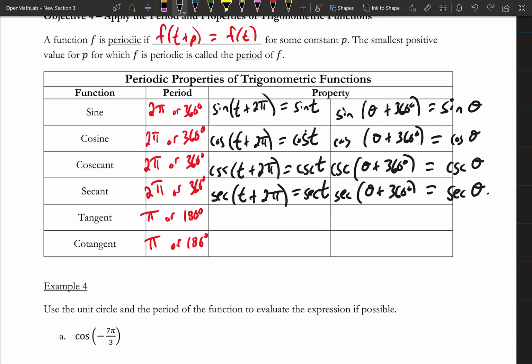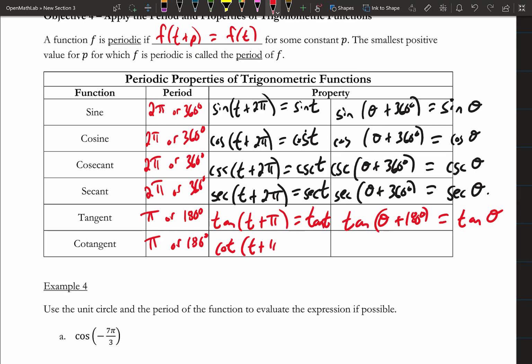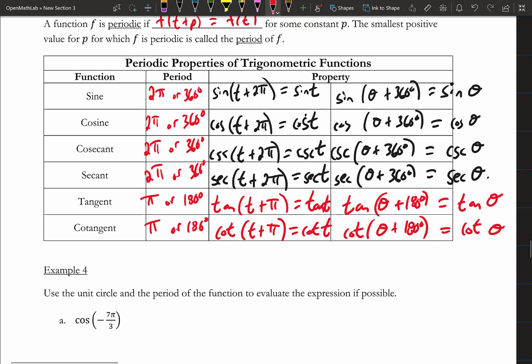Switching it up for tangent, the difference is tangent of t plus pi equals tangent of t, and tangent of theta plus 180 degrees is equal to tangent of theta. Then cotangent of t plus pi is equal to cotangent of t, and cotangent of theta plus 180 degrees is just equal to cotangent of theta. These properties will come in handy, knowing the period.